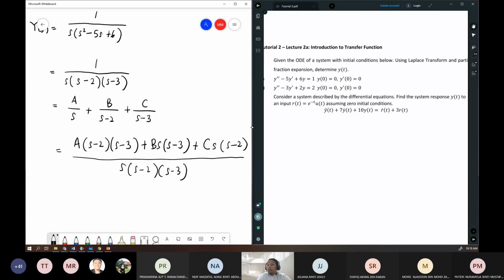When s equals 0, we get the value of A. So here 1 equals A times minus 2 times minus 3. So we get A equals 1 over 6.